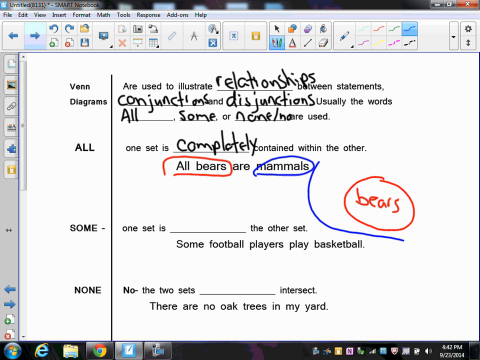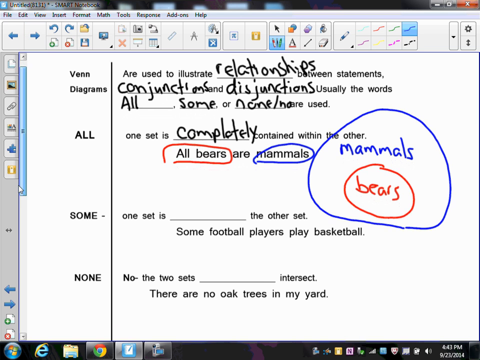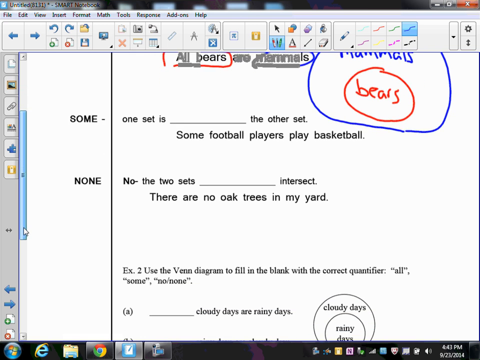So this will be completely around bears. Remember, there are other animals that are mammals that are not bears. We can pick dogs, for example. Dogs would be a whole other thing that's not bears, but they're still mammals. Every bear is a mammal, or all bears are mammals. That's what that looks like.